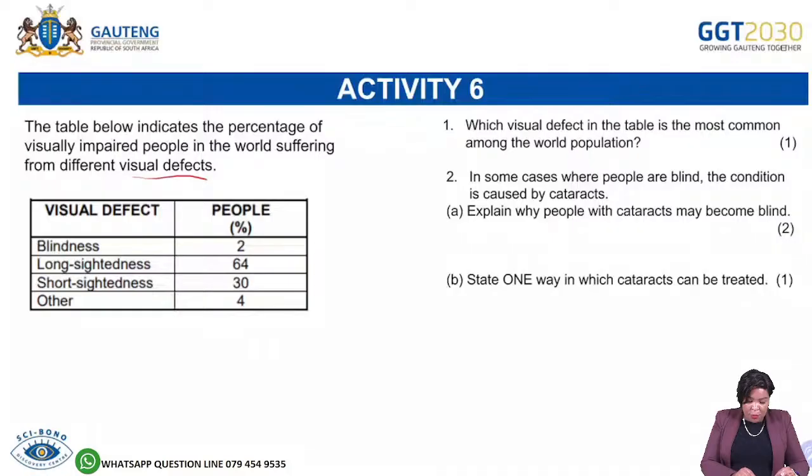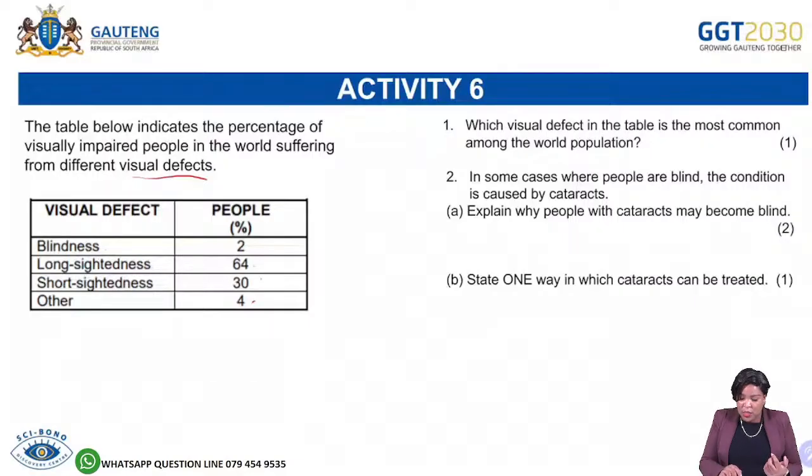It says 2% of people are suffering from blindness, 64% are suffering from long-sightedness, and for short-sightedness, there are 30% of people suffering from it, and the other visual defects that are not mentioned, 4% of people are suffering from that. Now, this is the skill also to be able to interpret the table, to read the information in the table, and these are free marks. Please make sure that you collect these.